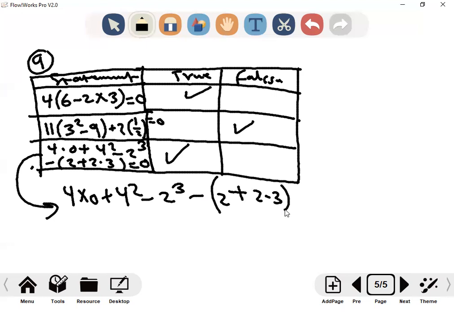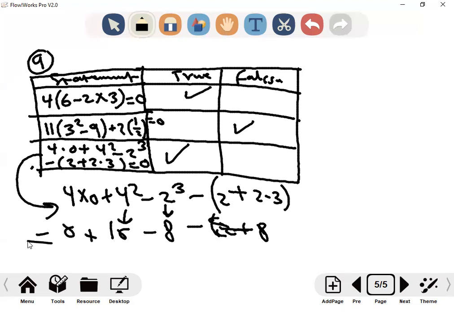First this bracket, 2 plus 6 which is 8. And this exponent is 8. And this 4 power 2 is 16. And this 4 by 0 is 0. Right? 0, not 6. Now 16 minus 8 is 8, 8 minus 8 is 0. So it's correct. So the first is true, the second false, and the third true.